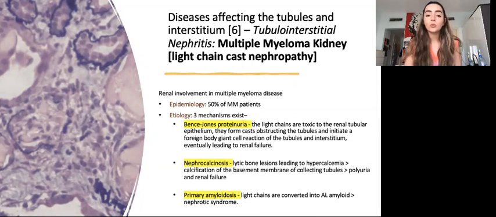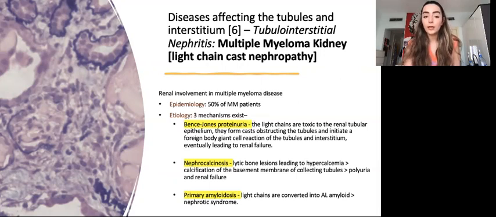For the Bence-Jones proteinuria, the light chains are toxic to the renal tubular epithelium, and they form casts that obstruct the tubules and initiate a reaction against this foreign body. The body sees it as foreign, so it initiates a reaction forming giant cells in the tubules and the interstitium, and this eventually leads to renal failure.